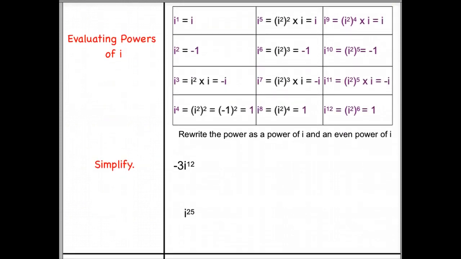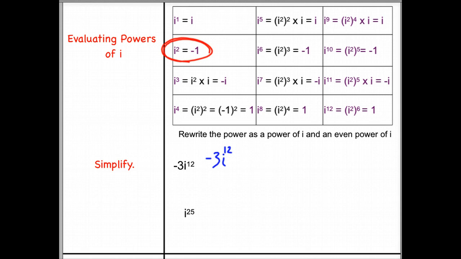So now I want to talk about evaluating powers. The big thing that we want to know is this one right here: i squared equals negative 1. So when we want to simplify, if you look down below at our next problem, it has negative 3i, and i is to the 12th power.